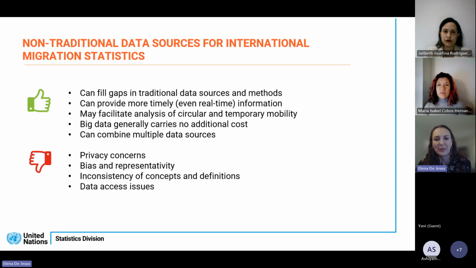So it could be the extremes, for example. And then we can also run into inconsistency of concepts and definitions across the different sets of alternative data. And of course, data access issues. For example, getting the data from the providers, if it's a private provider, such as a mobile phone operator, there might be issues with that, and how do we gain access to this sort of thing.